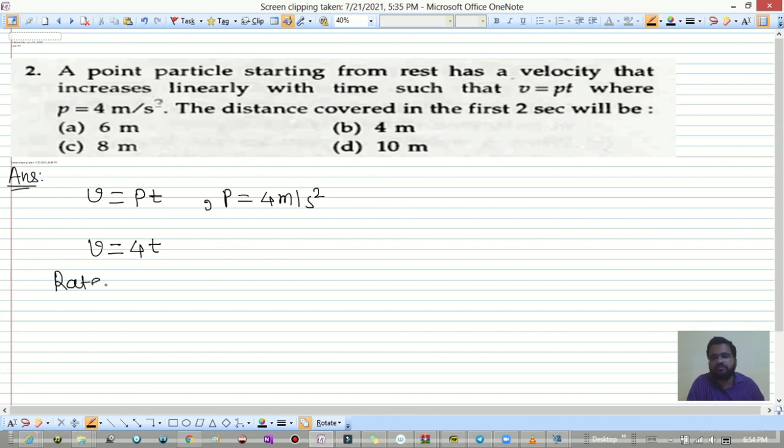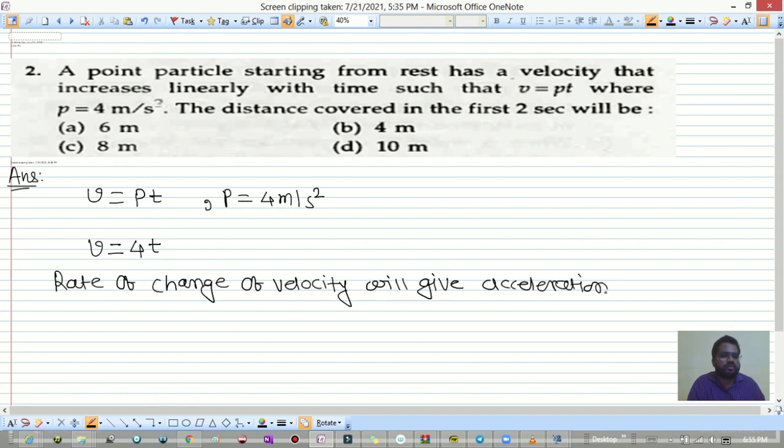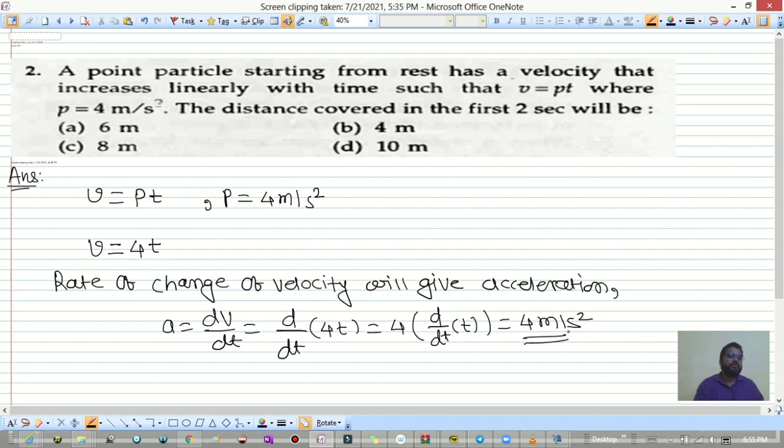So over here, acceleration a is equal to dv divided by dt, which is d by dt of 4 into t, which is equal to 4 times d by dt of t, which is equal to 4 meter per second squared. So this is the acceleration which we have.